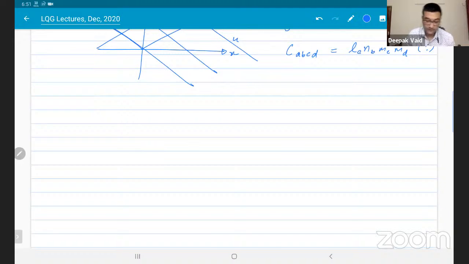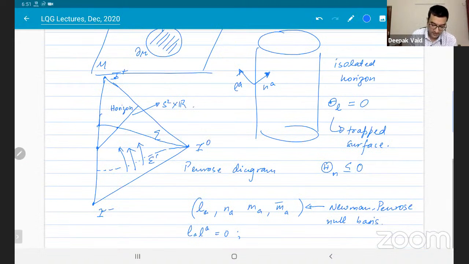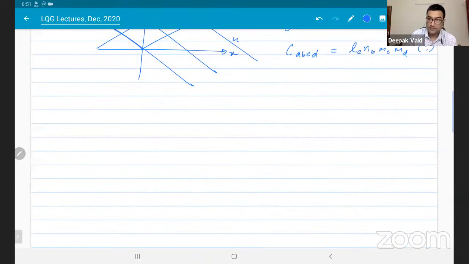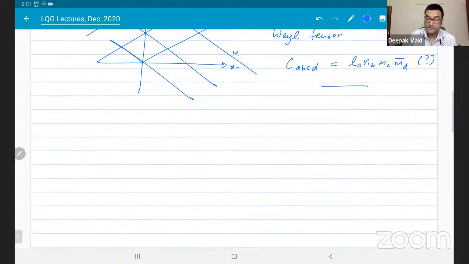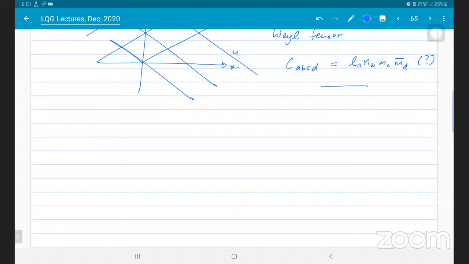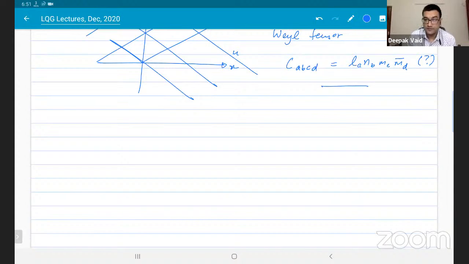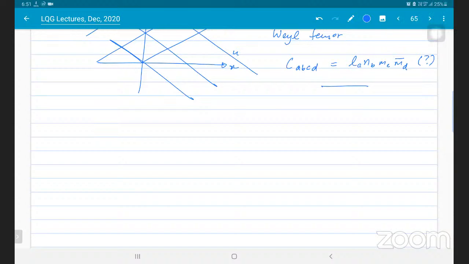And I think these two vectors might not be null. So it might be two of them are null, and that much I know for sure. So what does the bar signify over M? Complex conjugate. They're complex vectors.